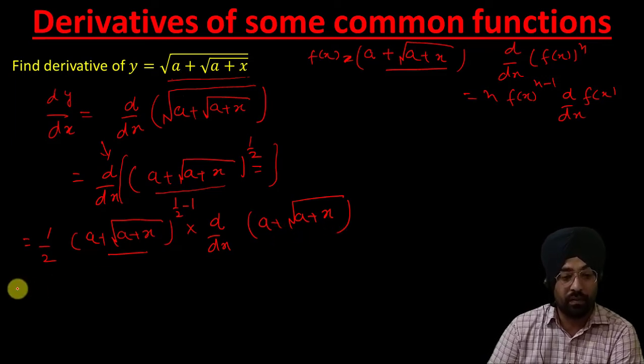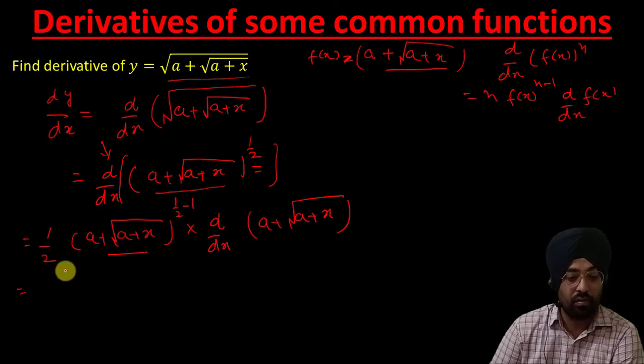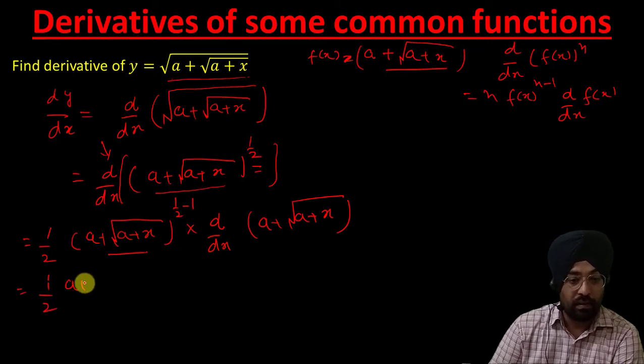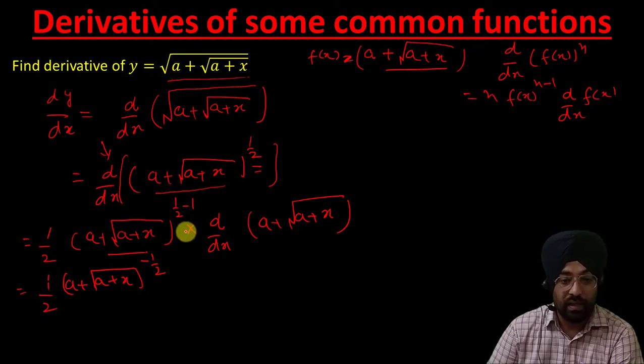Now it becomes 1 by 2 (a plus square root of x), which could go to the denominator, but I will not skip these steps, so that you don't get confused. I am doing it step by step. It is half times (a plus square root of x) raised to the power minus half, since half minus 1 is minus half in the bracket.